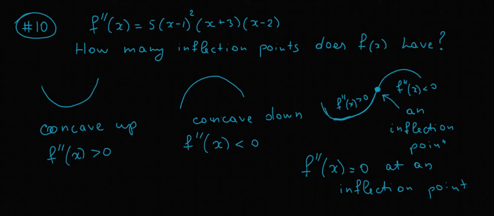For example, the second derivative may change from positive values to negative values, or vice versa, and that's when such a point will be an inflection point.